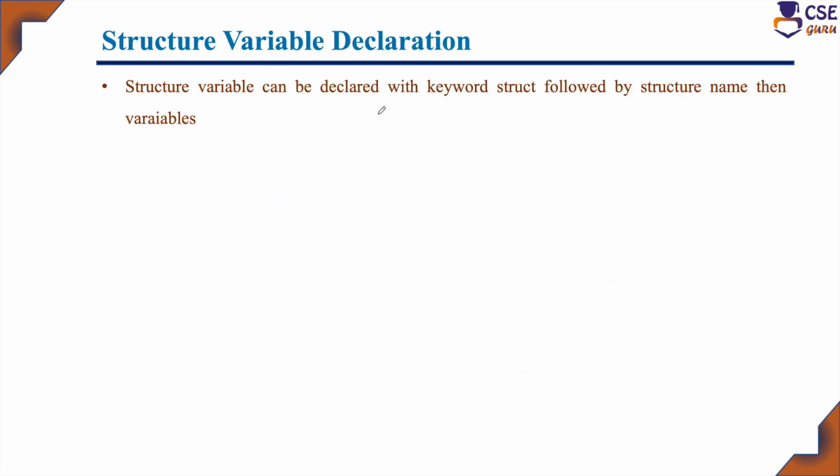Then a structure variable can be declared with the keyword struct followed by the structure name, then the variables. For the syntax, it starts with the keyword struct, then the structure name, followed by variables: variable 1, variable 2, likewise any number of variables you can declare.